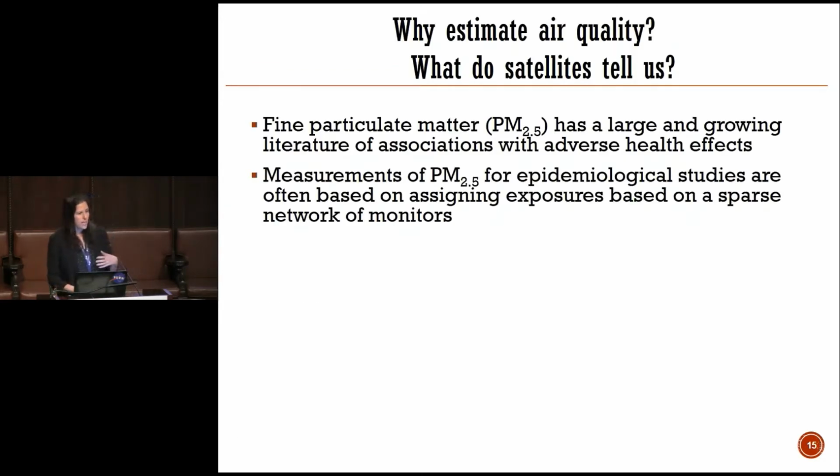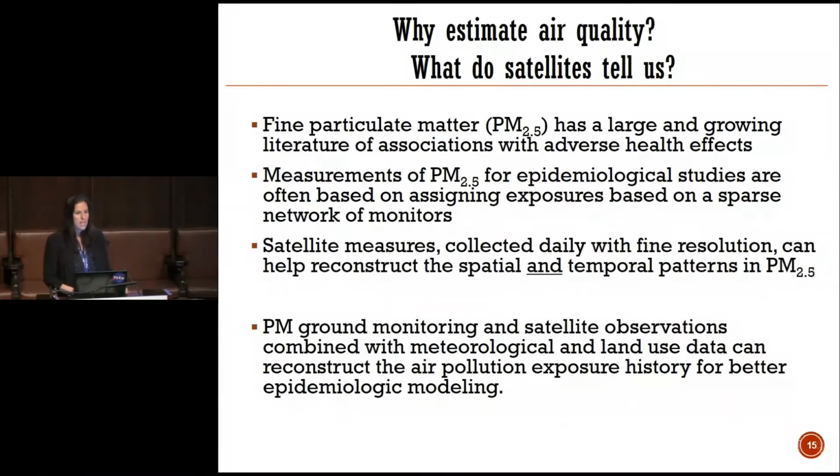Until satellite data was used in epi studies, exposure metrics were based on ground networks, which in places can be sparse or even not exist. Satellites have the capacity of very large spatial coverage and spatial and temporal patterns that ground networks, which are point measurements, don't provide.